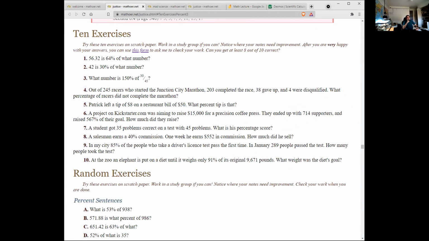How about one of the word problems? I don't want to finish it for you, but we could set it up. Number 4.